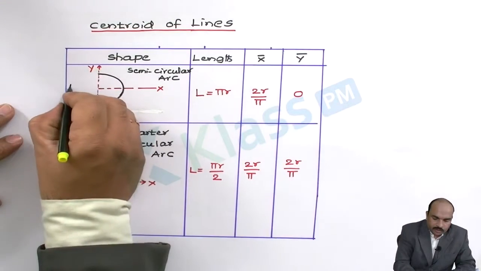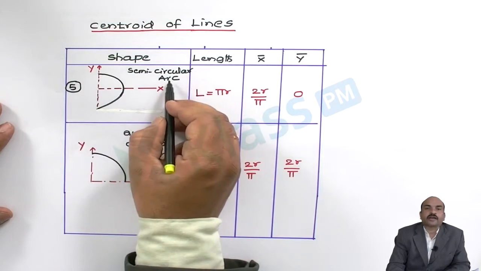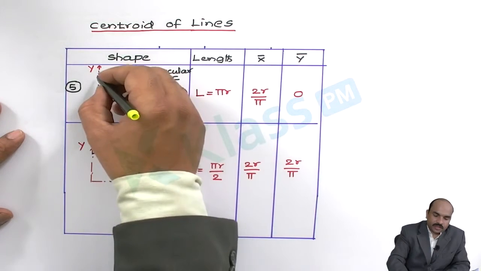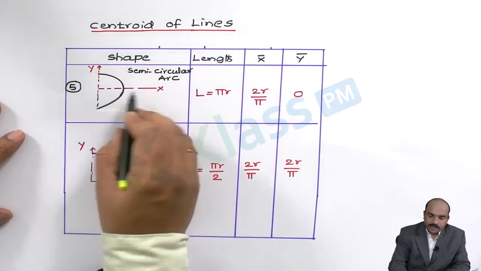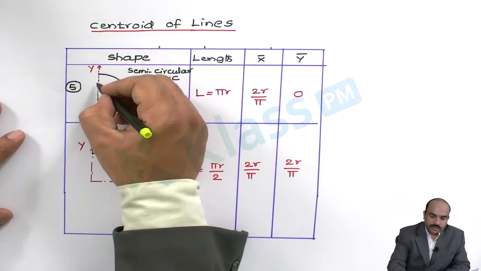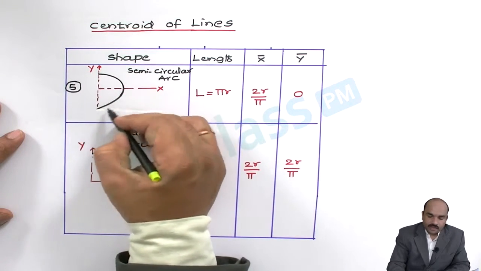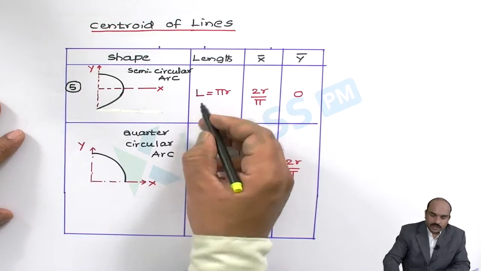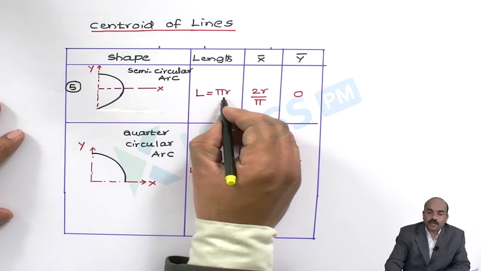Now the next formula, a semicircular arc, drawn with a black color. Let this be the x-axis and this the y-axis. The formula to calculate the total length of the semicircular arc is pi r.